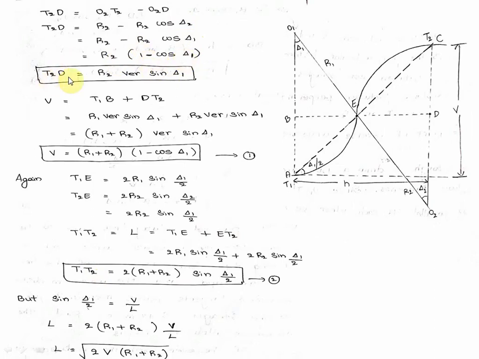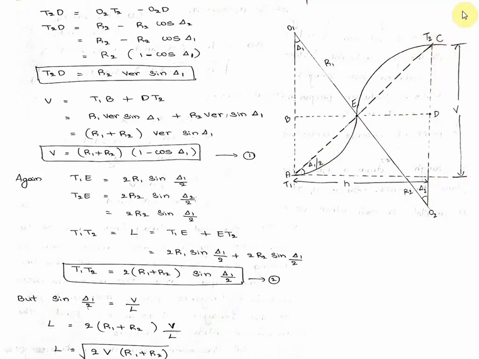So similarly you can write T2d equal to R2 versin delta 1. Here V is the total perpendicular distance between the two straights.